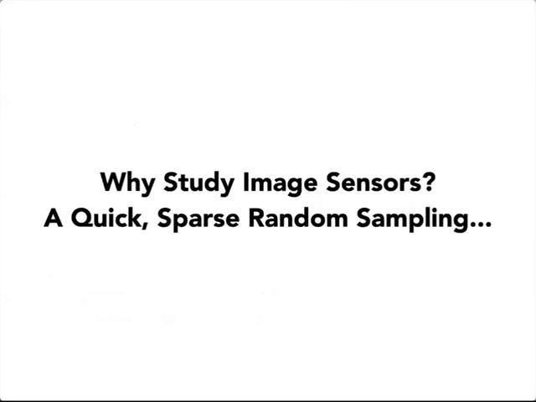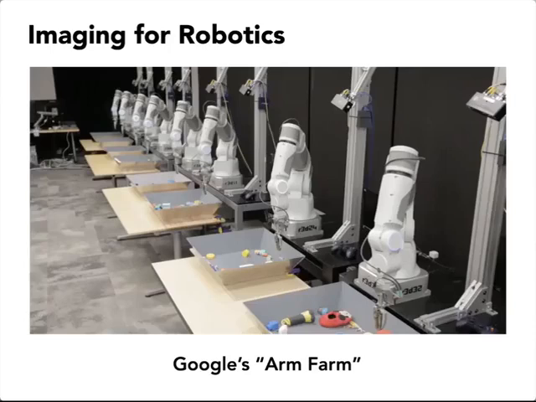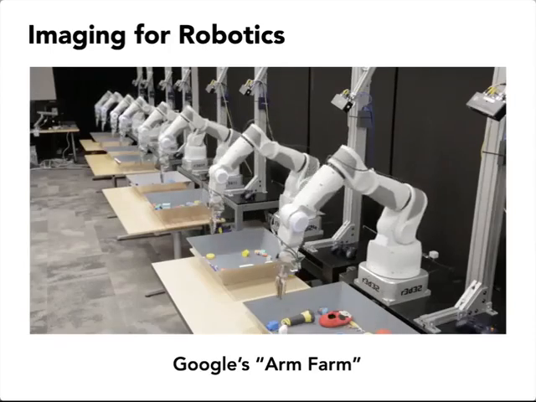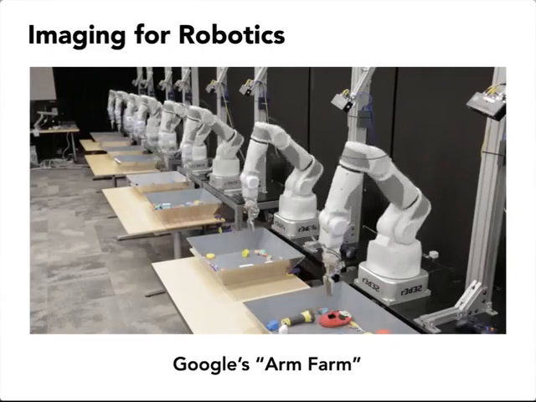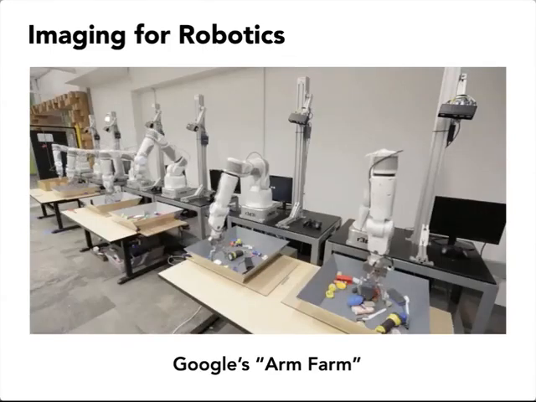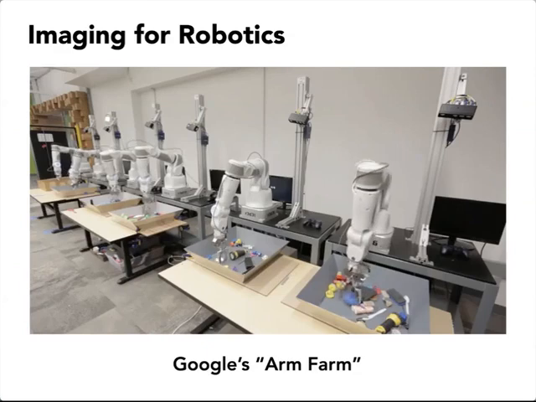Let me start off with a little bit of, okay, why study image sensors? Obviously, it's ubiquitous. Here's a quick sparse random sampling to give us some common contextual space to think about the breadth of image sensor impact today. There's imaging for robotics. This is Google's arm farm, due in large part to Professor Sergey Levine.